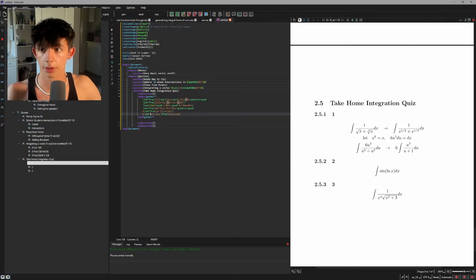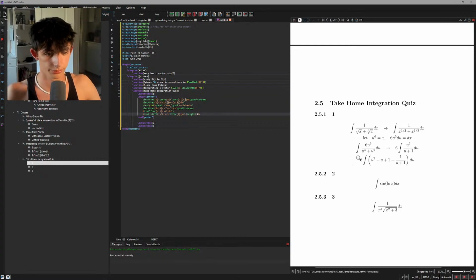And then I'm gonna put parentheses around this just so we know that it's inside the integral. But yeah, that's what we got so far. It's a lot easier to do.